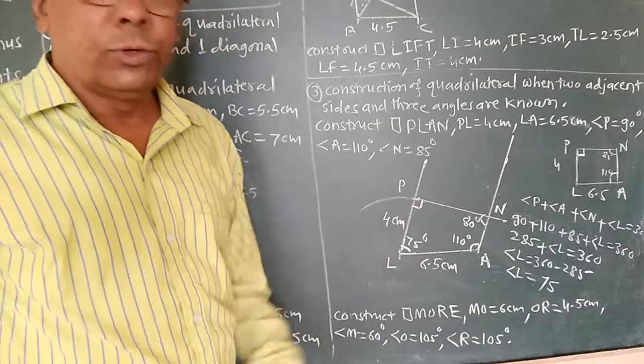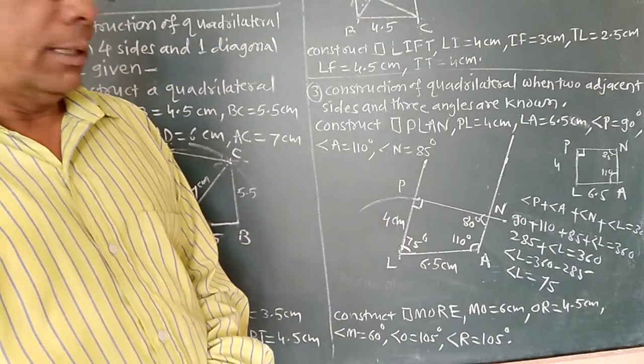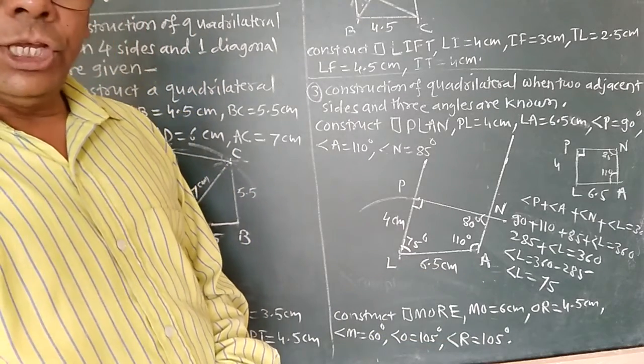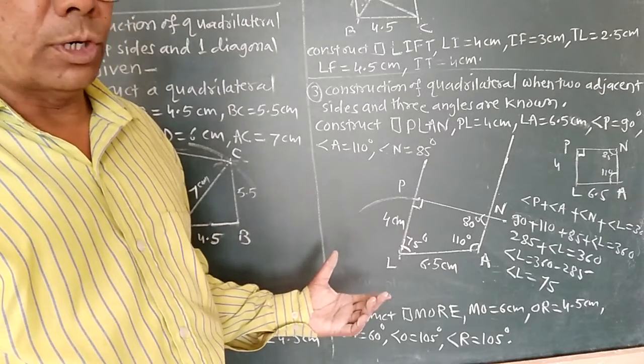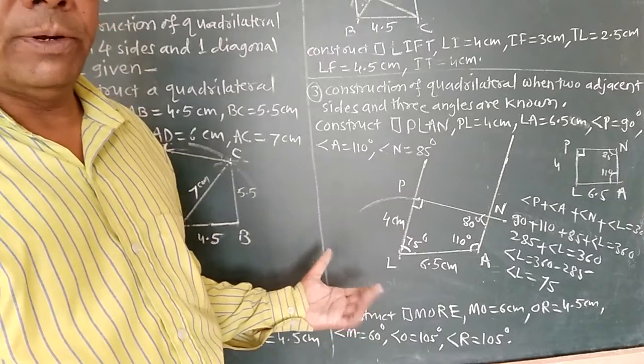Here also two sides and three angles are given, and you have to construct the quadrilateral according to given measurements.